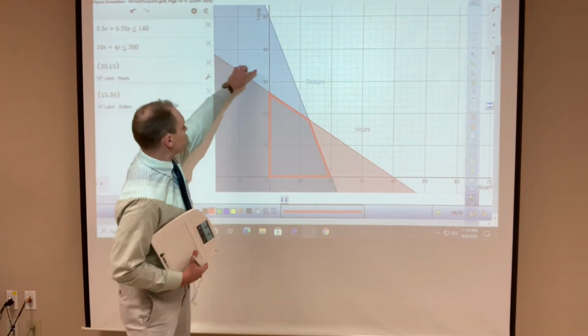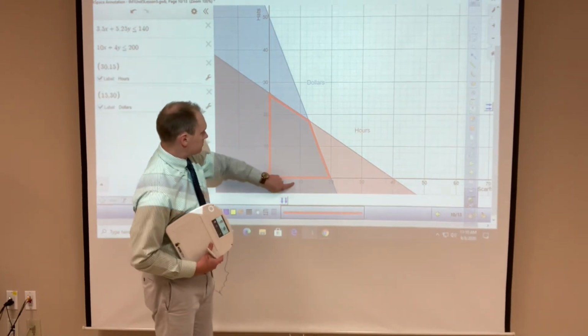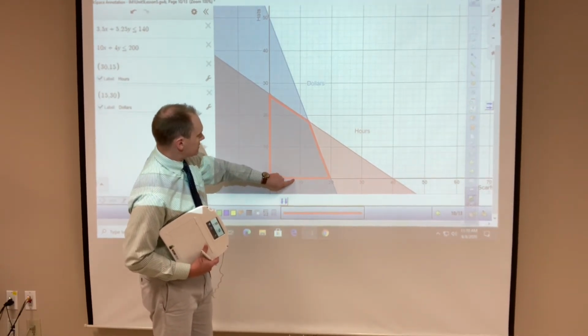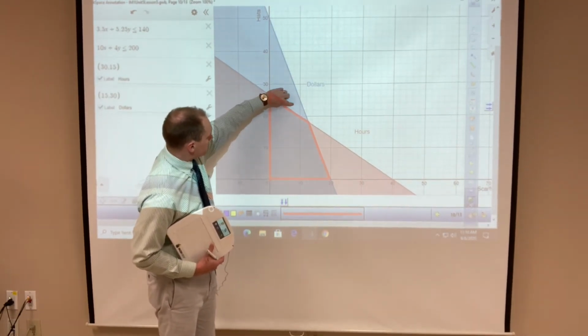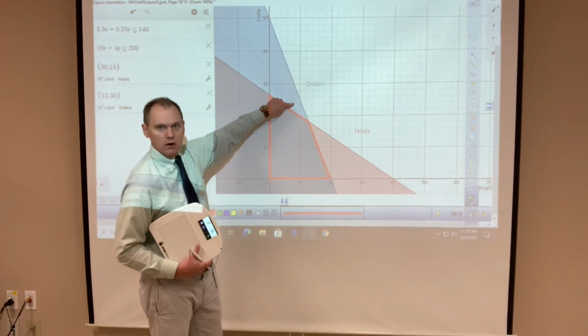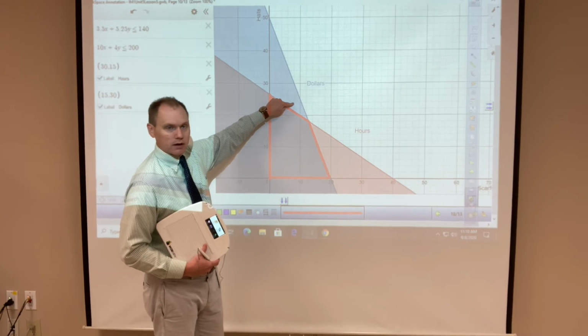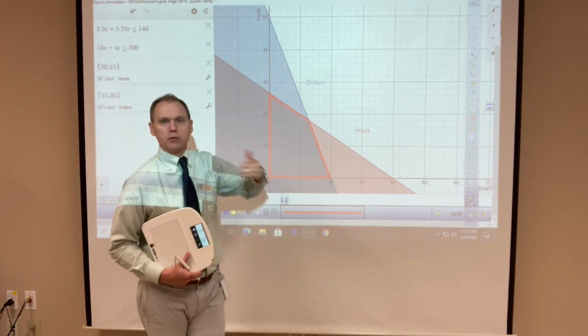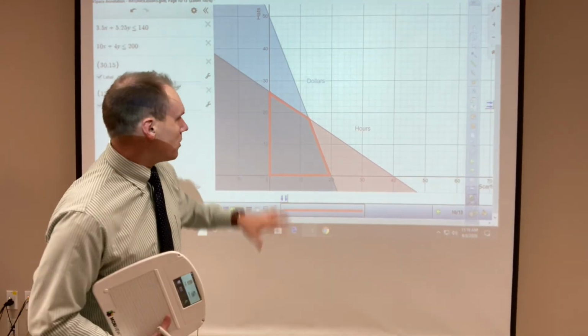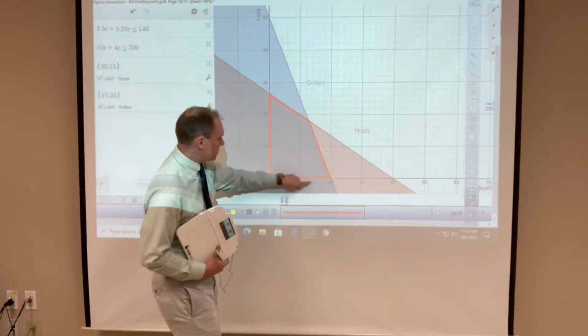Whereas here, if I'm in here, maybe I don't know, 8 scarves and 24 hats. Well, I'm good dollar-wise. I've spent under my allotted amount, but I've spent too much time. Okay, but what satisfies both is all the ones in here.